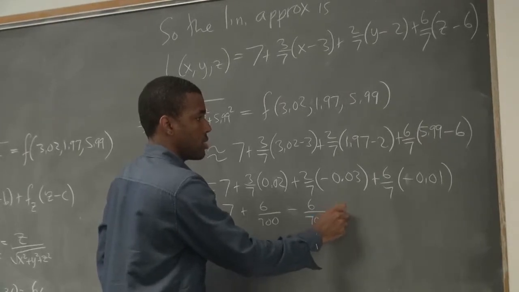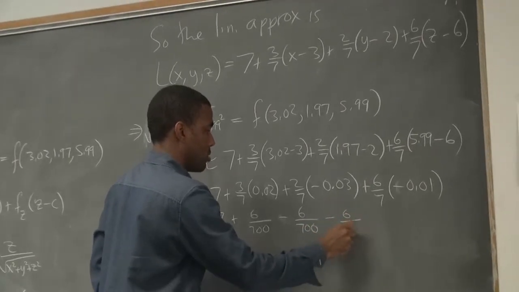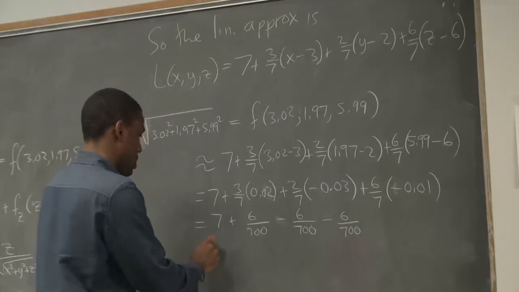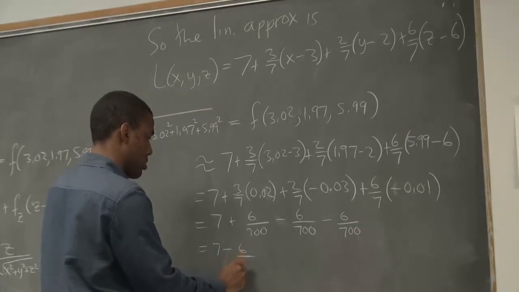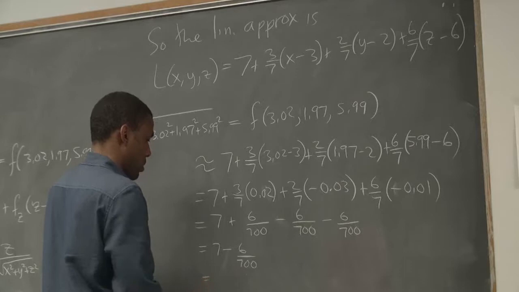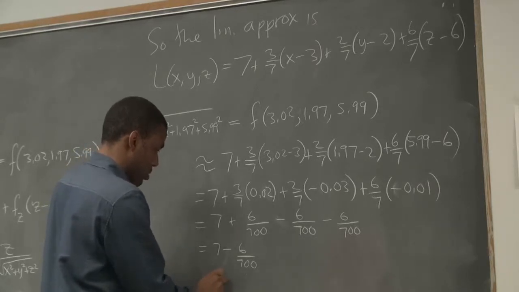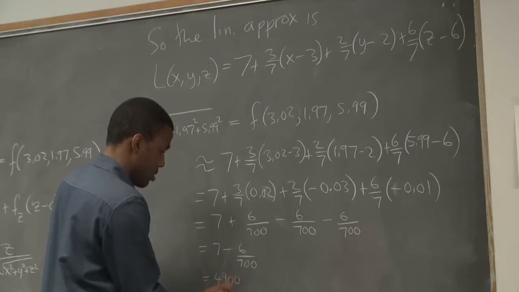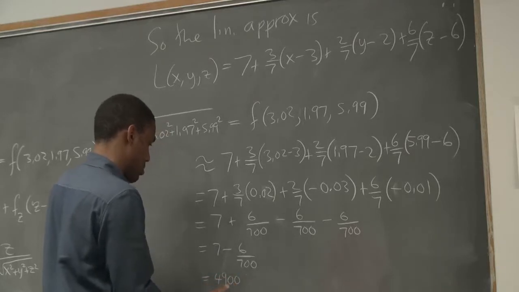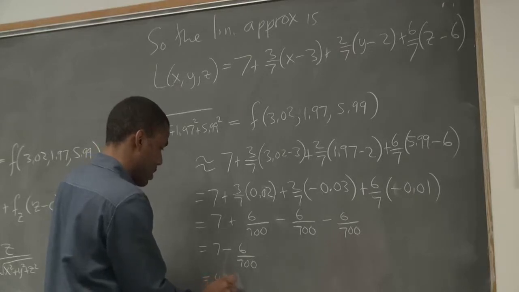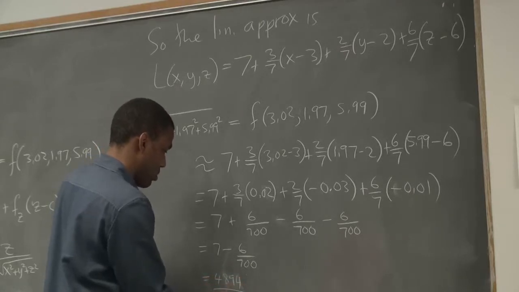And that's minus 6 over 700. So it's just 7 minus 6 over 700. Multiply that by 700, you have 4900 minus 6, 39 over 700.